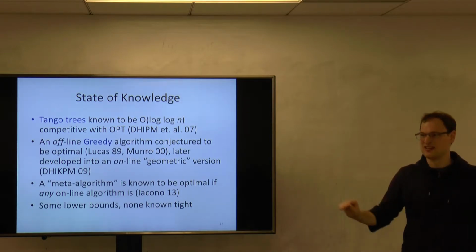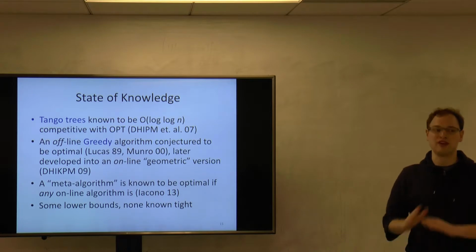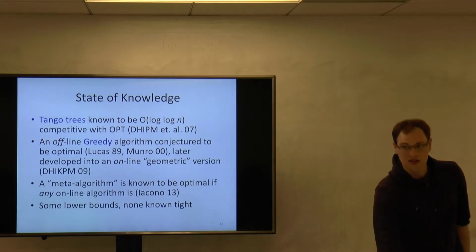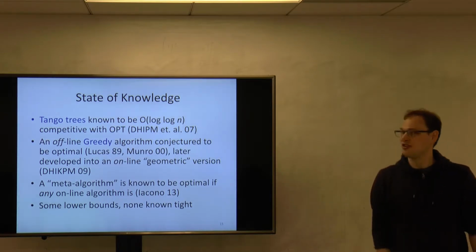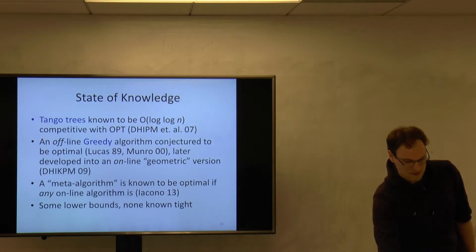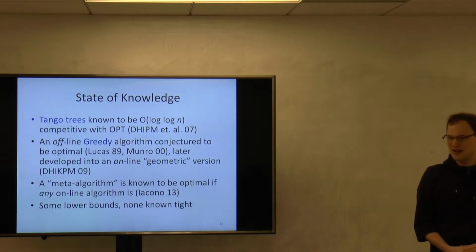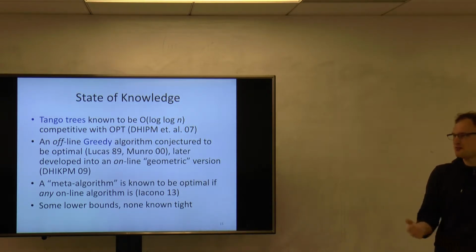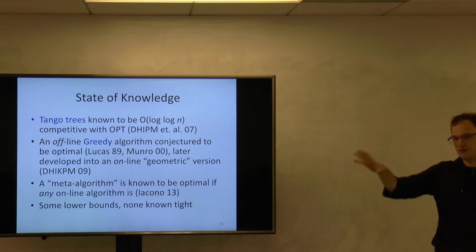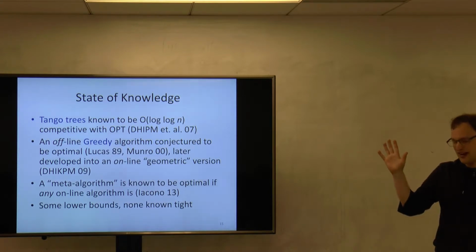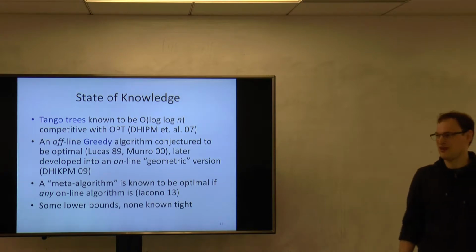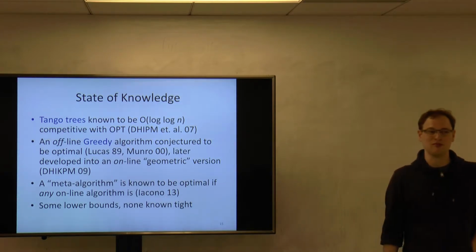I won't go into that here, but they use a very different viewpoint of this problem to turn this offline algorithm into an online one. There's a kind of toy meta algorithm that uses weighted majority updates, where if some offline algorithm is optimal in an appropriately defined class, then this meta algorithm is optimal.